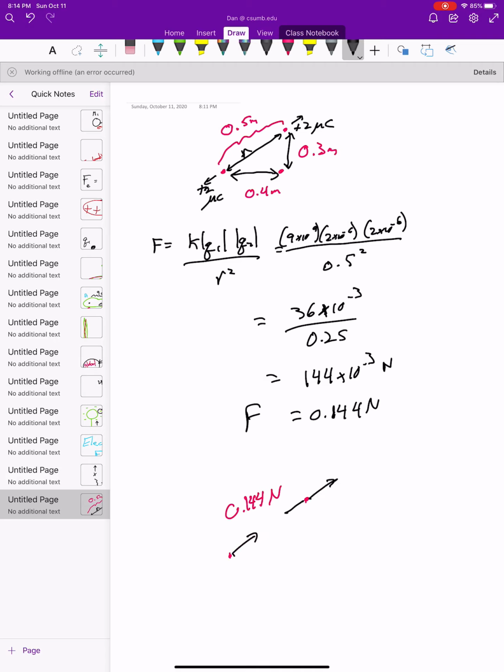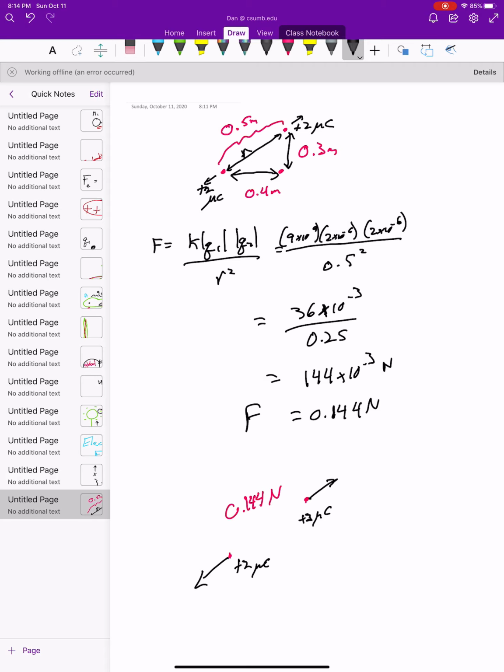I'm sorry. They're going to be repelling each other because they're the same sign. Okay, so I have plus 2 microcoulombs, plus 2 microcoulombs. Okay, so I have these two charges repelling each other.